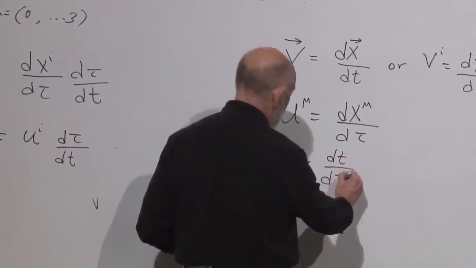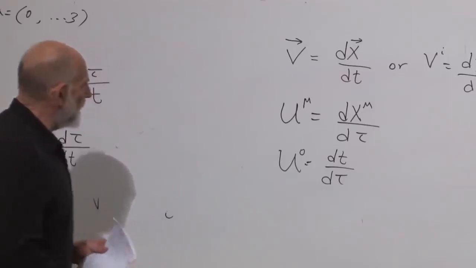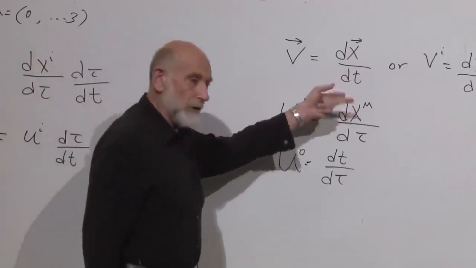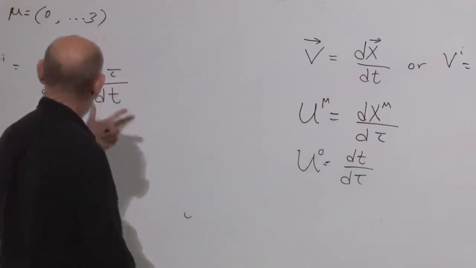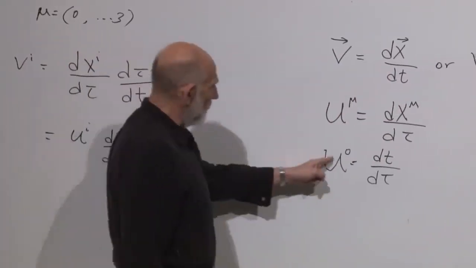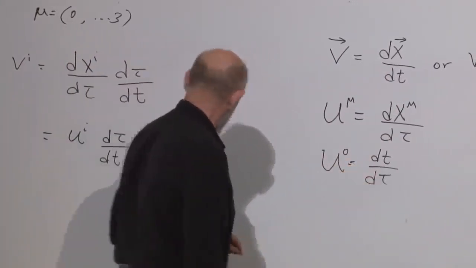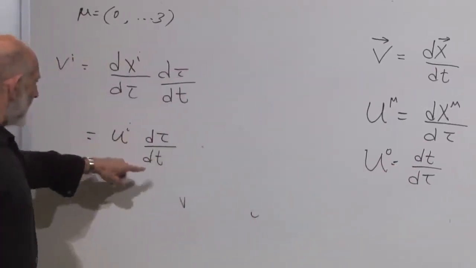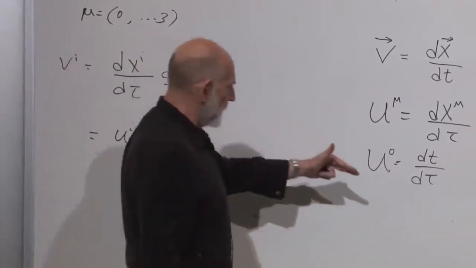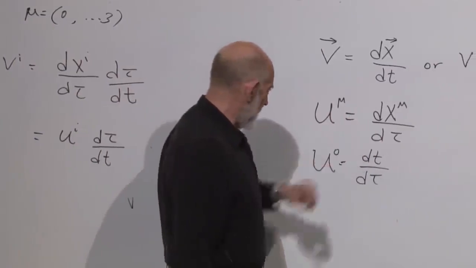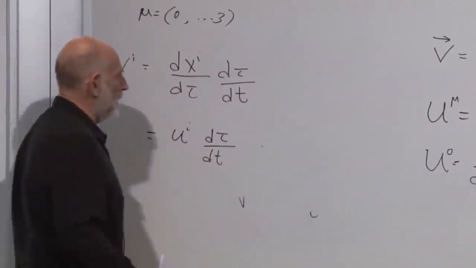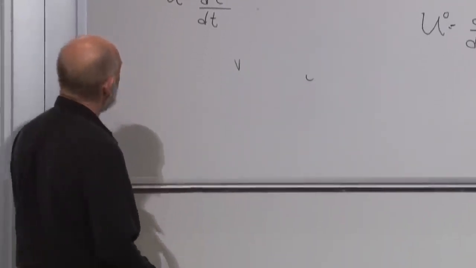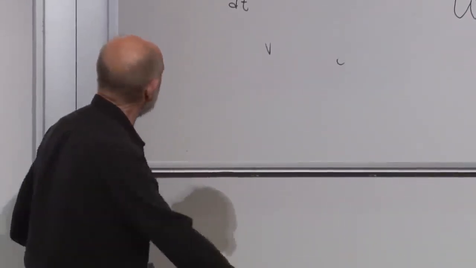The zeroth component of x is just t, and u naught is just dt by d tau. d tau by dt is just the inverse of this. So we're interested in figuring out what d tau by dt is.